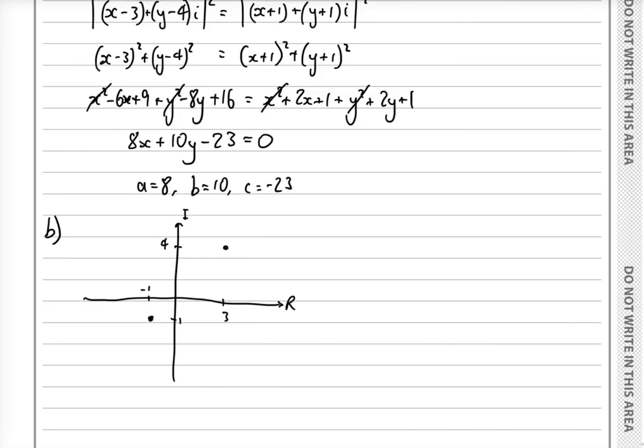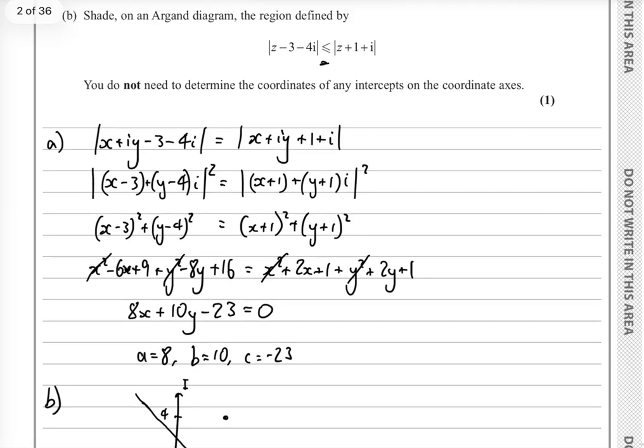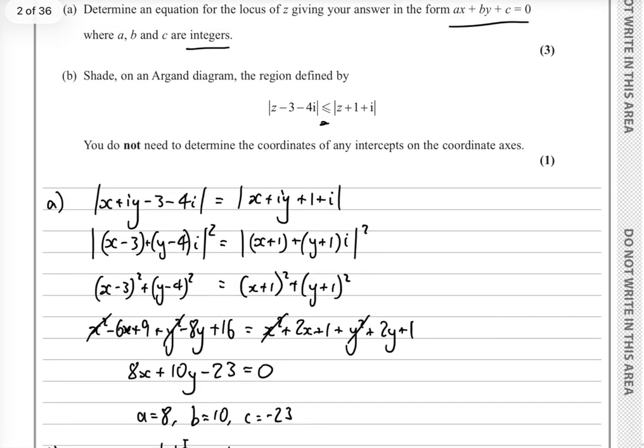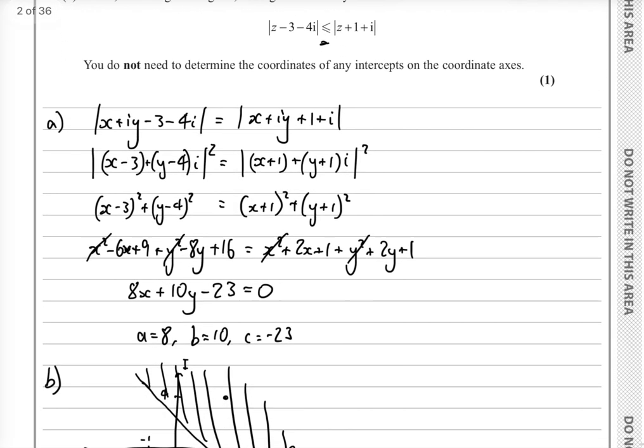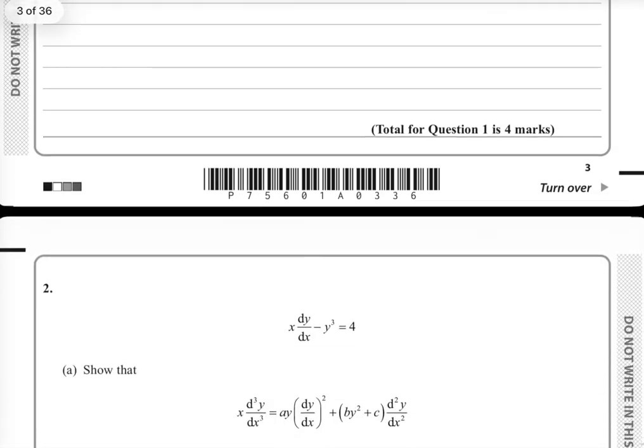And then the locus goes perpendicular to the line segment connecting those two. Something like that. But we want to be closer or equal to the 3 plus 4i. So this side is the side that we're shading. And that is it. We don't need to worry about the intercepts, so it's finished. On to question number 2.